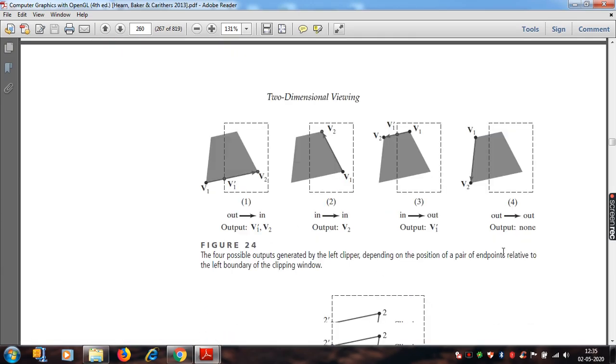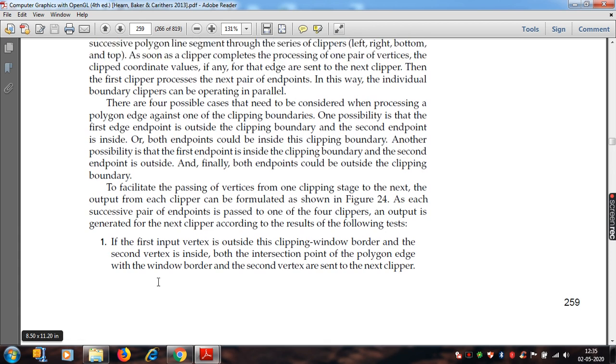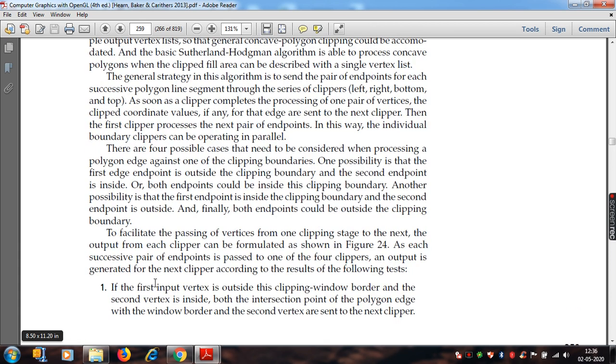If you understand these 4 steps, you can easily understand the rest of this algorithm. What this algorithm produces is a set of vertices which can be processed in parallel.